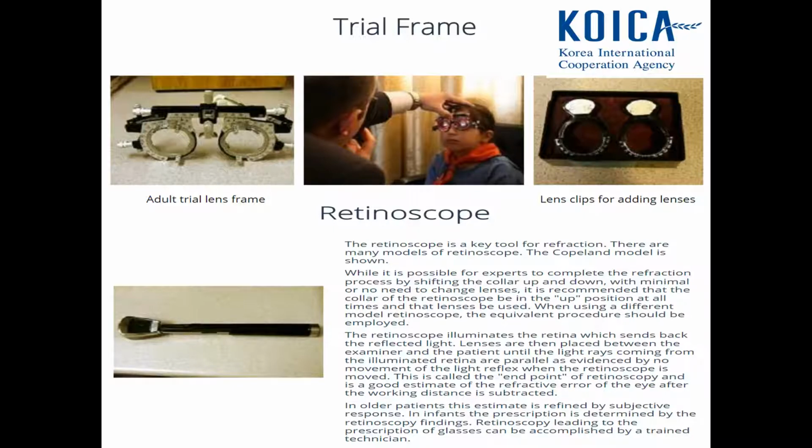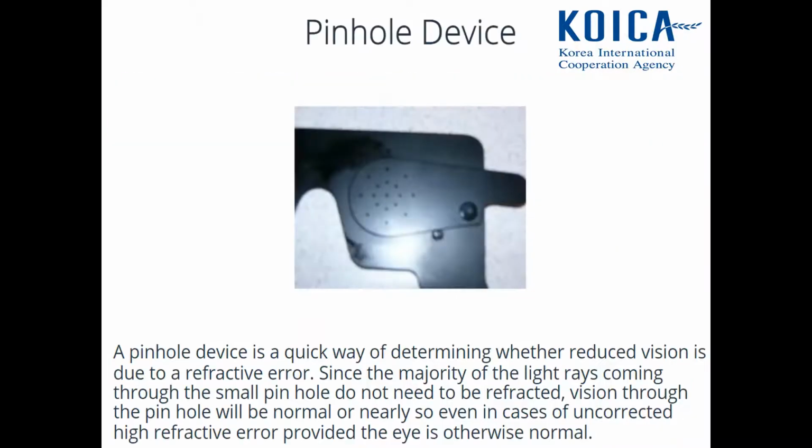Skiascopy racks or bars contain plus and minus lenses, so we can use them for the refraction exam. When we want to know the patient's glasses power, we can use a lensometer. After the refraction, we can check the corrected visual acuity on the basis of the results of the refraction. So we need a trial lens set.